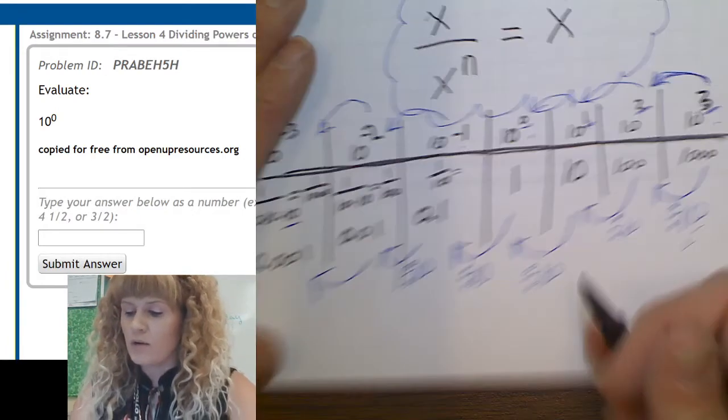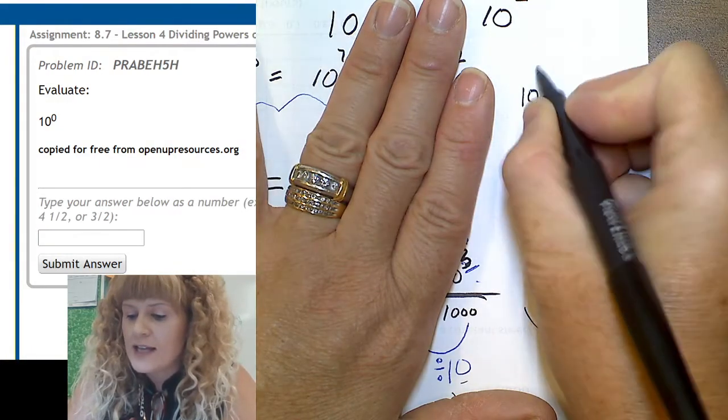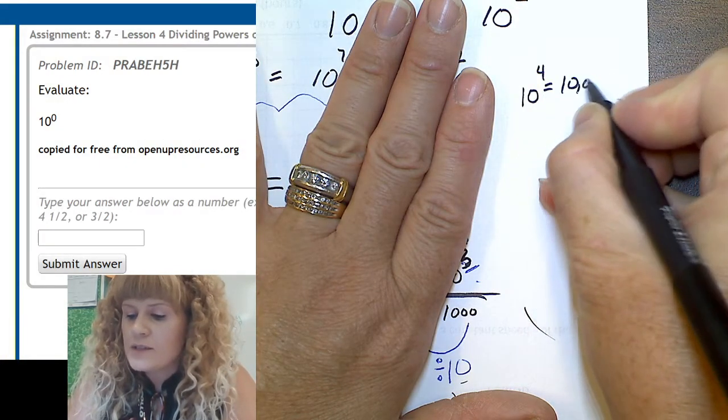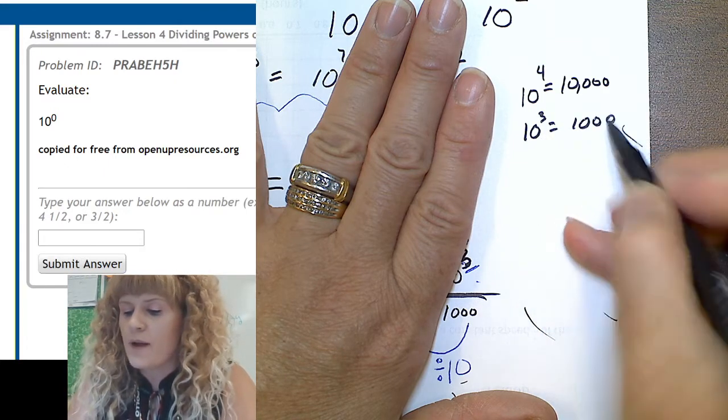You need to know, look at the side of my paper here, that 10 to the 4th equals 10,000. You need to know that 10 to the 3rd equals 1,000.